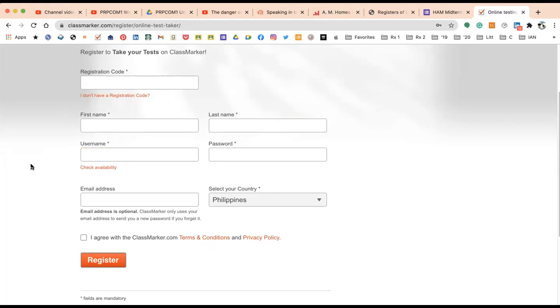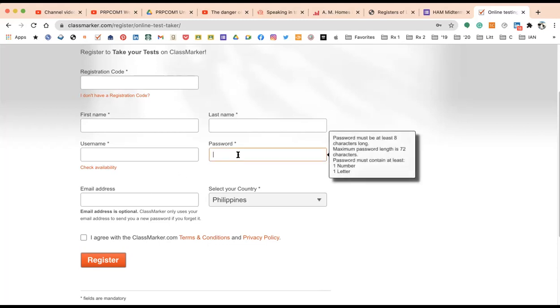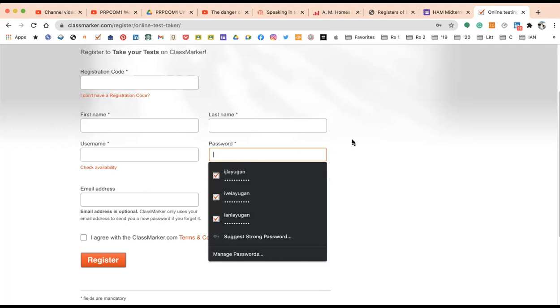Username: choose something that you will not forget. Usually good usernames are the initials of your first and middle name and then your family name. So when I create a username, usually it's IJ Layugan or IS Layugan, because my middle initial is S. And then your password, very importantly, because you're always having problems with this, make sure that your password is at least 8 characters long.